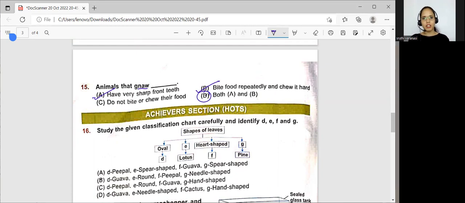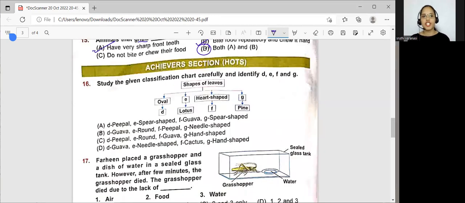Now we have come to the achievers section. We have HOTS. What are HOTS? The higher order thinking questions. So let us try to answer, students. You're given a classification chart. You have to read it carefully and identify D, E, F, G words. Okay, now it is shape of leaves. Now how many shapes of leaves do we have? So many. Now what examples did they give?